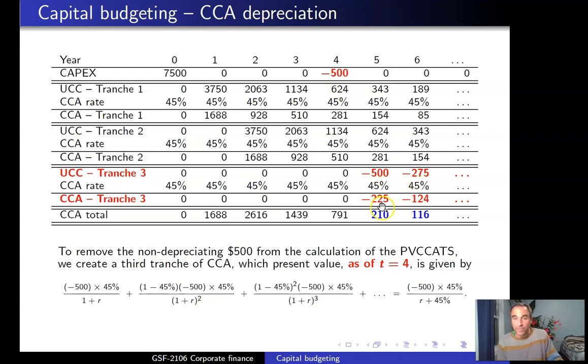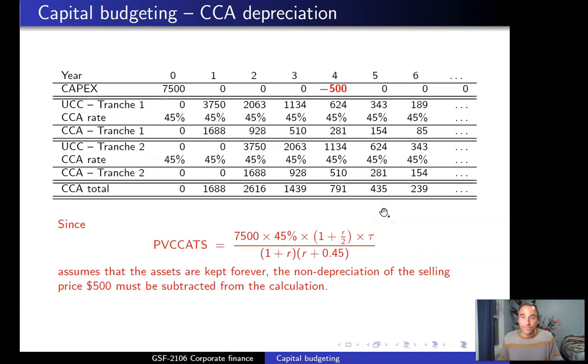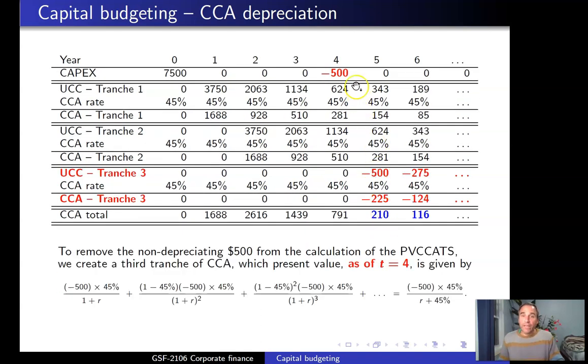We apply 45%, so this entire depreciation here of 154 plus 281 has to be reduced by 225, which gives 210. 210 instead of 435. So by taking into account the sale of the asset, the tax shield is reduced. And we keep going. So the minus $500, it's the same thing as the two others.